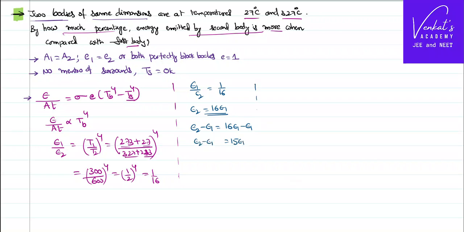So if you want to calculate what is the fractional change in the emission, E2 minus E1 by E1 is 15.